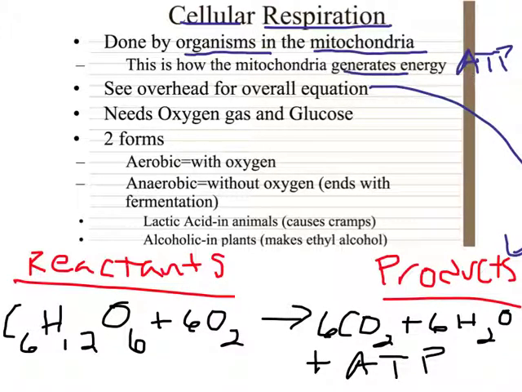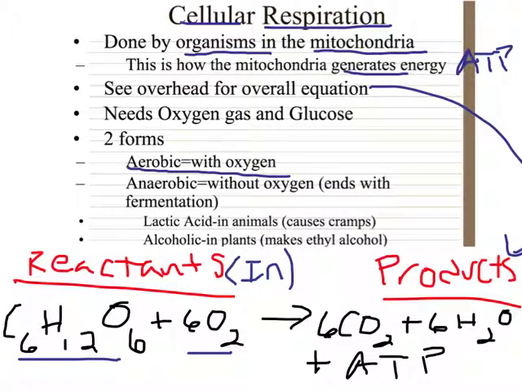All right, I've got the overall equation written for you down here at the bottom. Okay, so the needs are the things that are needed for this to happen, or what goes in, we call the reactants. Okay, and our reactants here are sugar, which is glucose, C6H12O6, and oxygen gas. Now notice what I've written here is aerobic respiration. Aerobic means with oxygen.